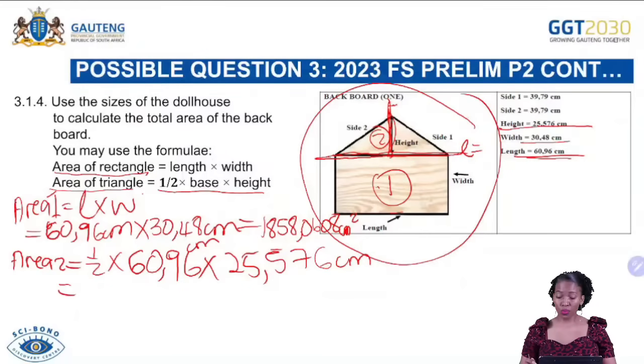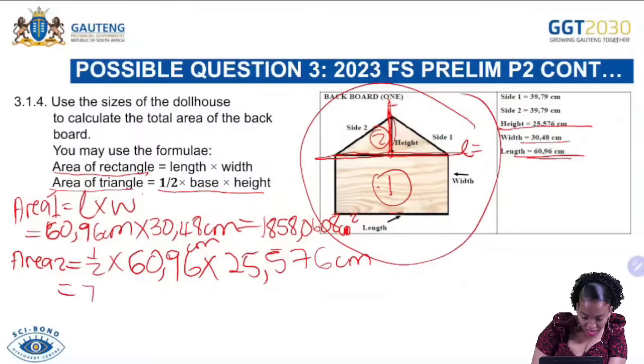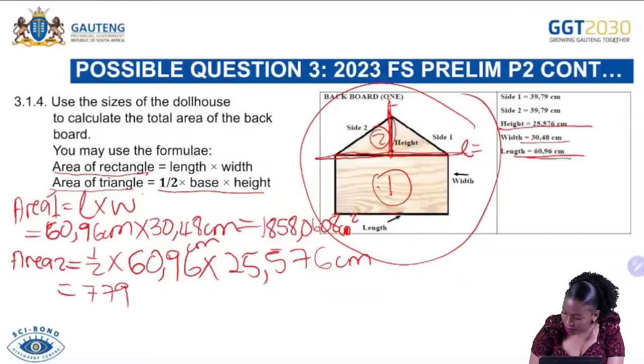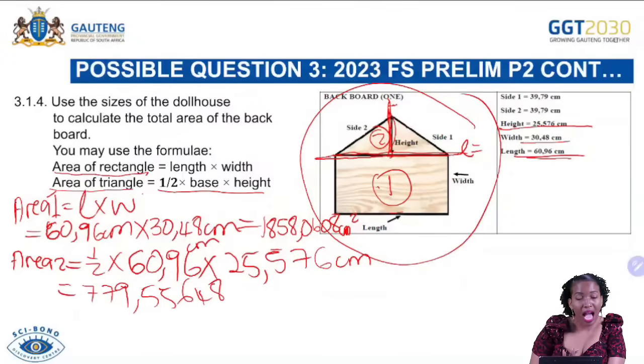Guys, I hope you are also doing it there, so that we are able to check if my calculations are in order. Multiplied by 25.576, and then we get the answer of 779.55648. I'm not rounding, I will round off my final answer.